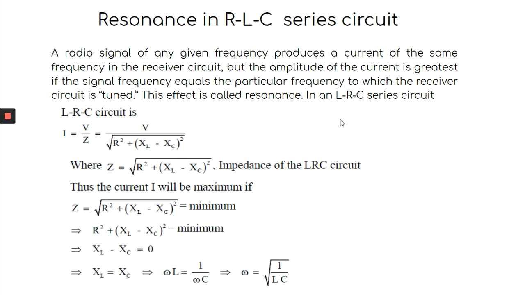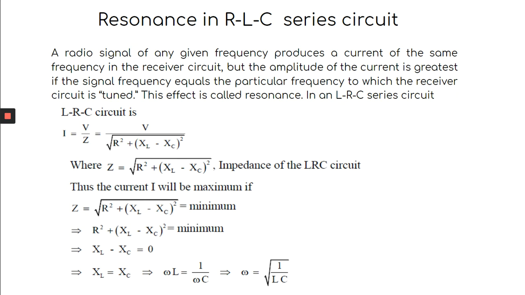Then let me tell you what the natural frequency of this LRC series circuit is. If you can recall LC oscillations, when there is no resistance in the inductor, capacitor or connecting wire, we are considering an ideal circuit. What is the frequency?